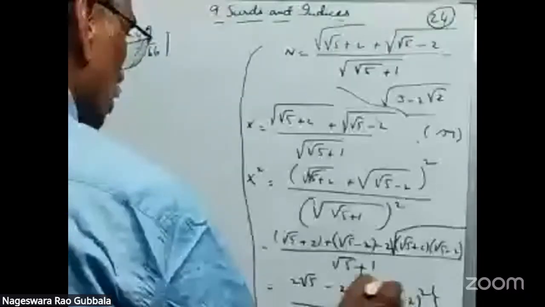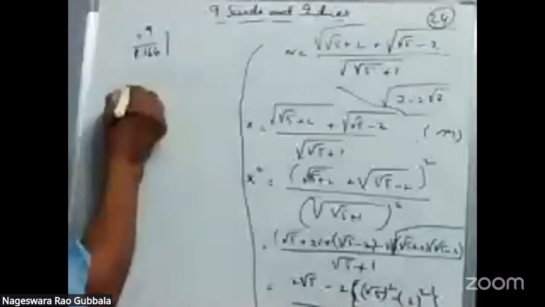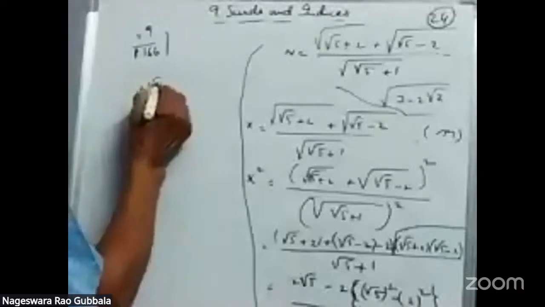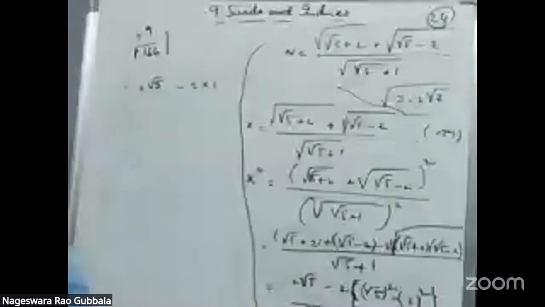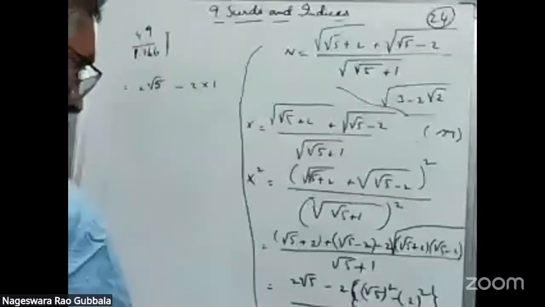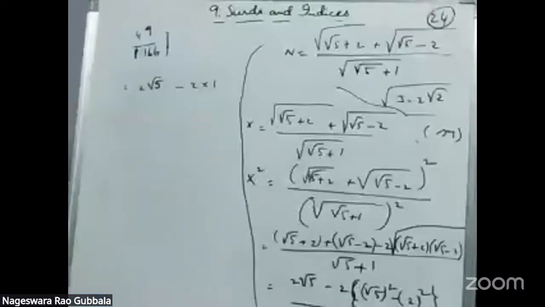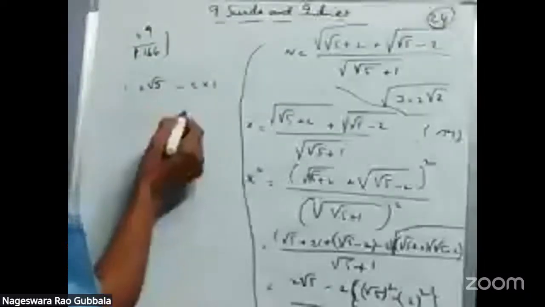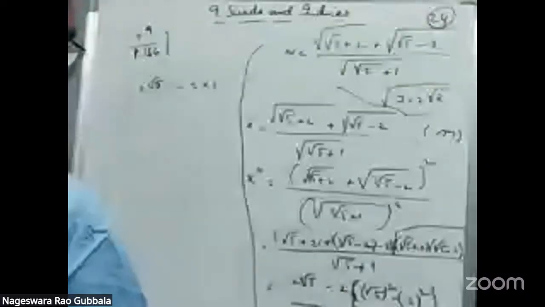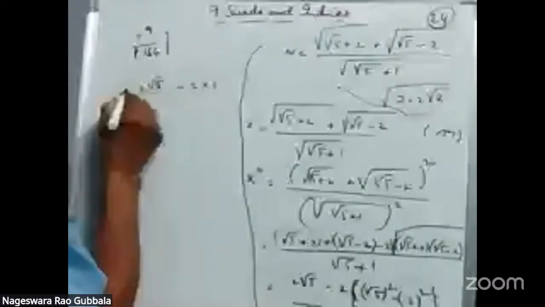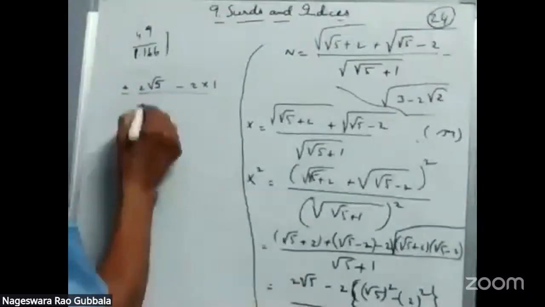What is left is 1. 2 root 5 minus 2 into 1. That means 5, 2 square is 4. The rest we can write, of course. So one more step written: 5 minus 4 is 1. So 2 root 5 minus 2 into 1 by root 5 plus 1.